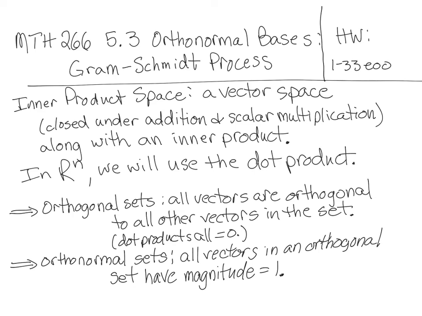So you'll see in the homework that in other types of spaces like polynomials or continuous functions, they may give you a different definition of the inner product for that particular space. We'll focus almost exclusively, though, on the regular dot product.